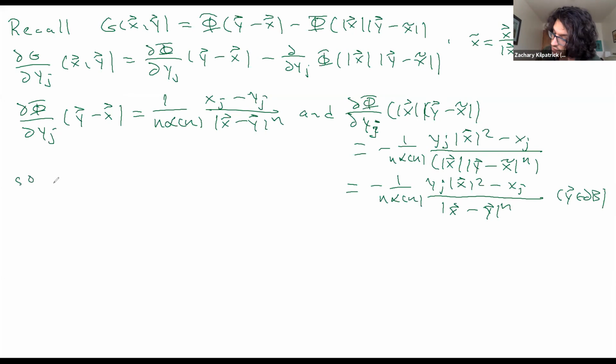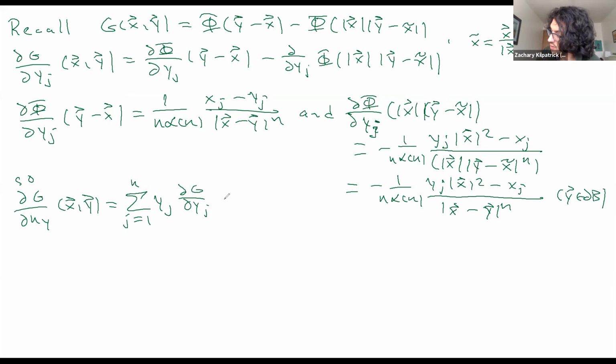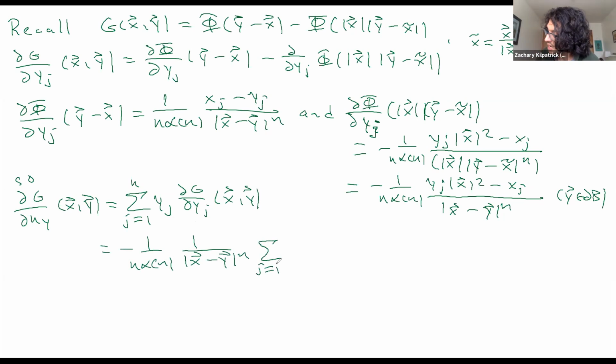Okay. So dG dny of x, y now is going to equal the sum from j equals 1 up to n of yj dG dyj of x, y. This is now equal to minus 1 over n alpha of n, 1 over the magnitude of x minus y to the n, the sum from j equals 1 to n of yj.